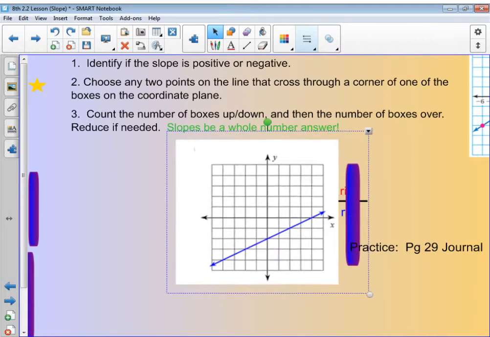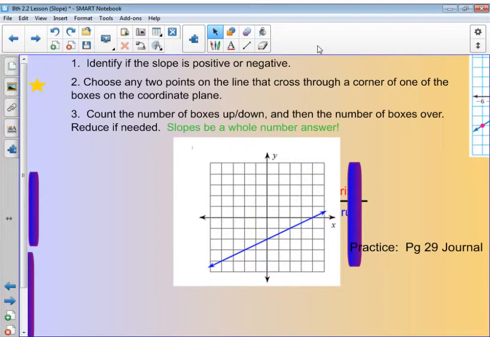Okay, so here I didn't pick the points. So I'm gonna pick them for you, just so that you don't have to draw it on your whiteboard. I'm gonna pick 2 points, and I'm seeing a corner point here and a corner point here.